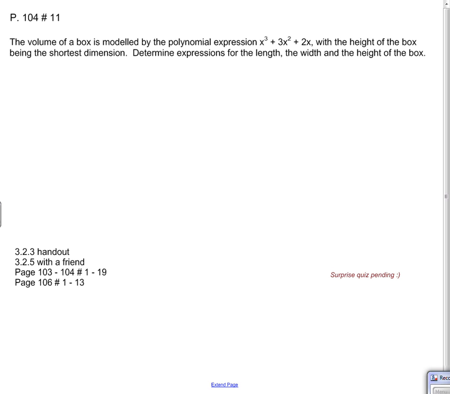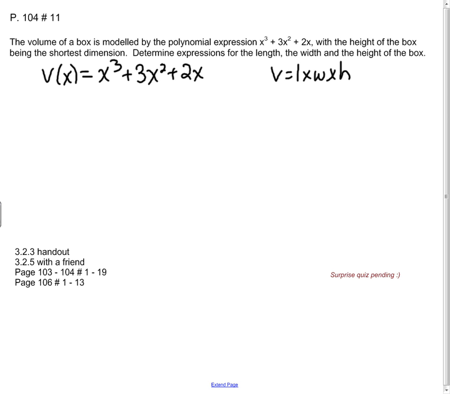So we have an expression for volume in terms of the dimension x equals x cubed plus 3x squared plus 2x. We know that volume is length times width times height. So if we can take that expression and write it so that it looks like a multiplication, it might be obvious to us what the length, the width, and the height are.